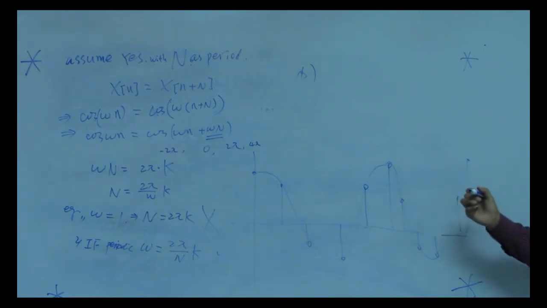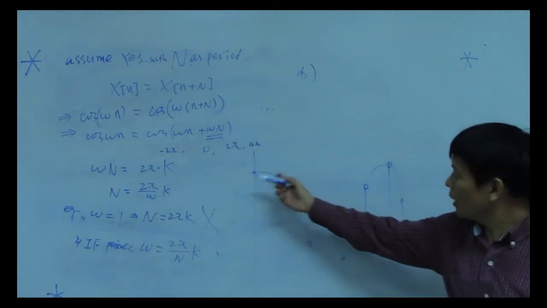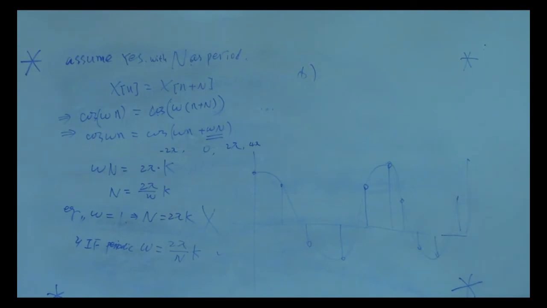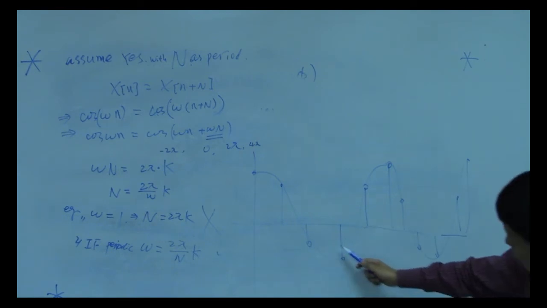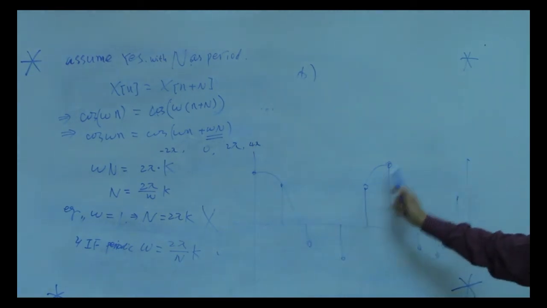Look, this looks periodic. This one equals this, equals that one. So there's a period, and the period equals 1, 2, 3, 4, 5, 6.